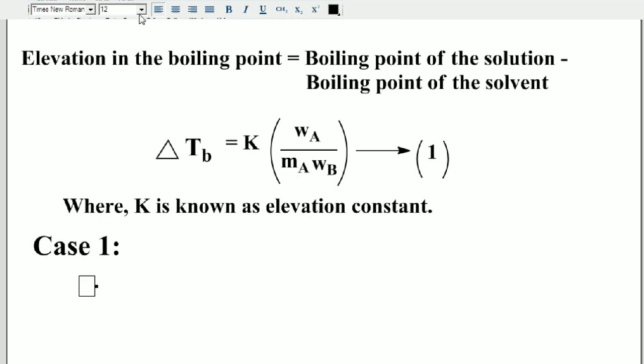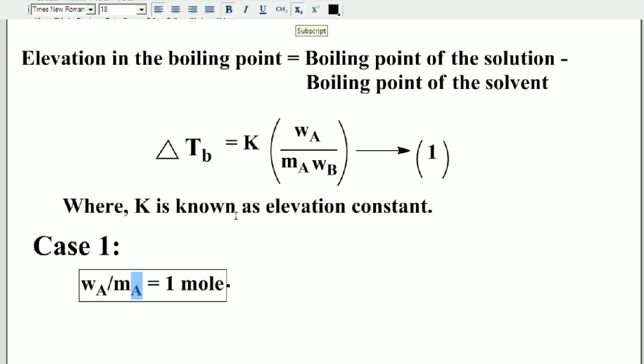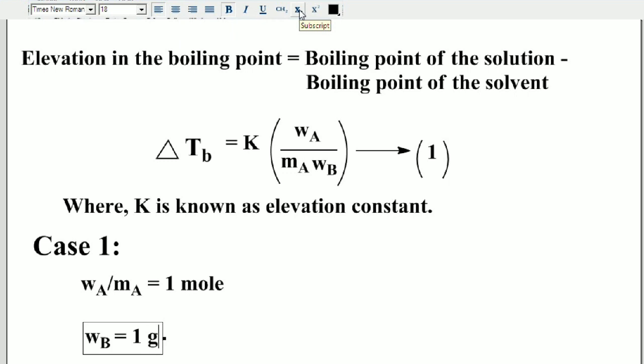WA by MA, number of moles of solute. Number of moles of solute means mass of the solute by molecular mass of the solute is taken as 1 mole. WA by MA is taken as 1 mole, and WB, that is the mass of the solvent, is taken as 1 gram.